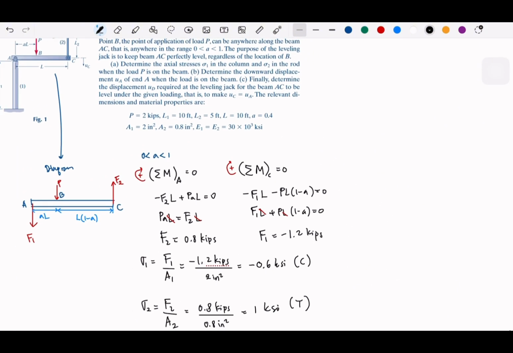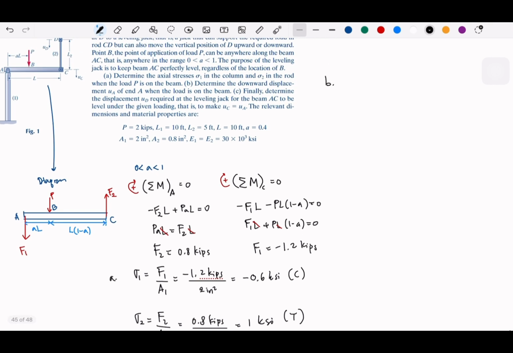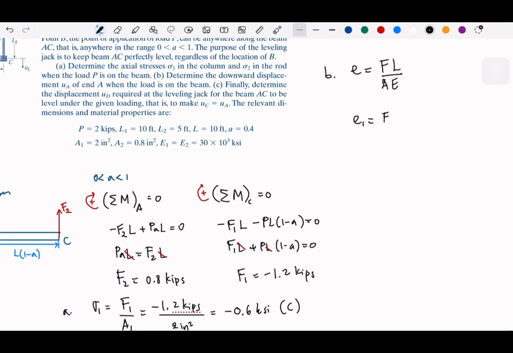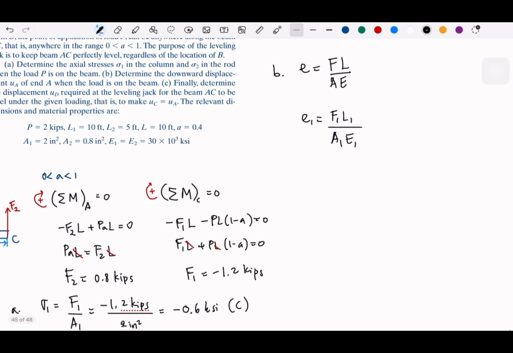Okay, now the second part of the question. So this is the first part. The second is the displacement, and we are going to use the FL over AE. So for the first material, this will be F1, L1, A1, E1, and all the information is given, right? So we can just take that using the F1 from the first part.